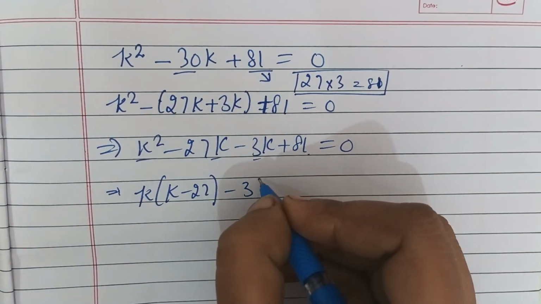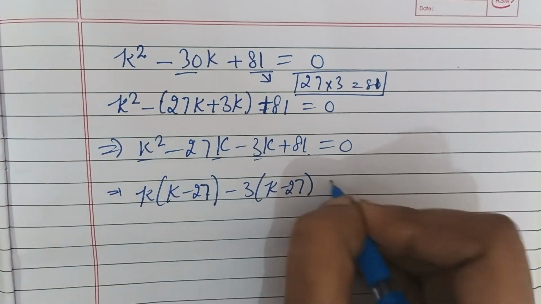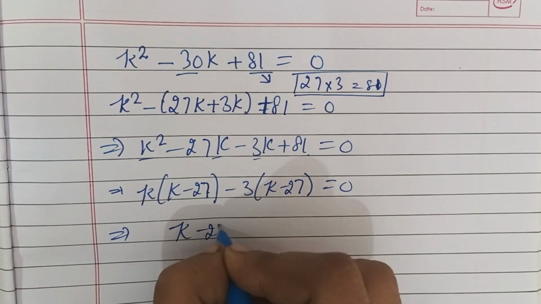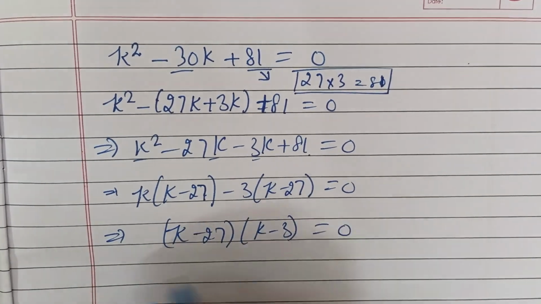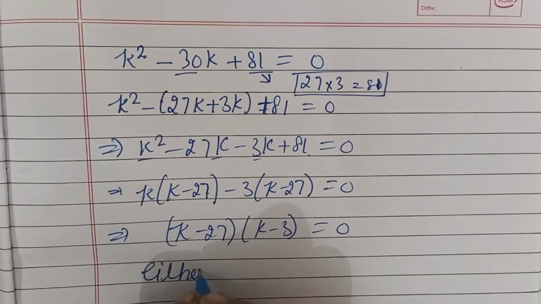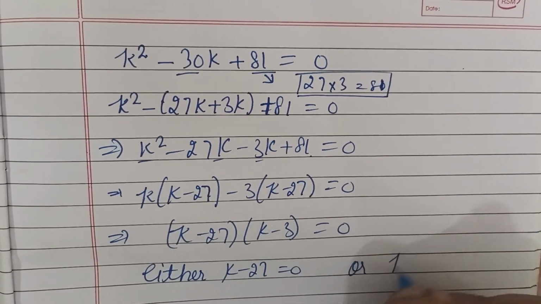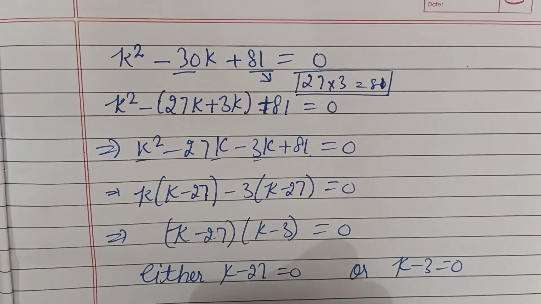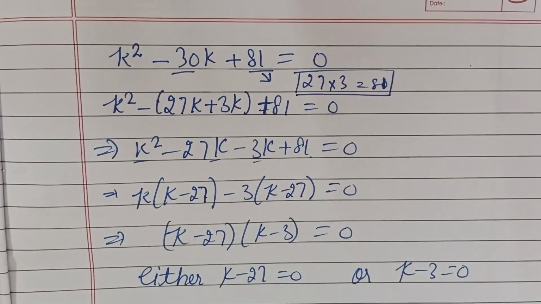By taking minus 3 common, minus 3 into k minus 27. So here the factors are k minus 27 and k minus 3 equal to 0. So either k minus 27 equals 0 or k minus 3 equals 0. This implies k equals 27 or k equals 3.